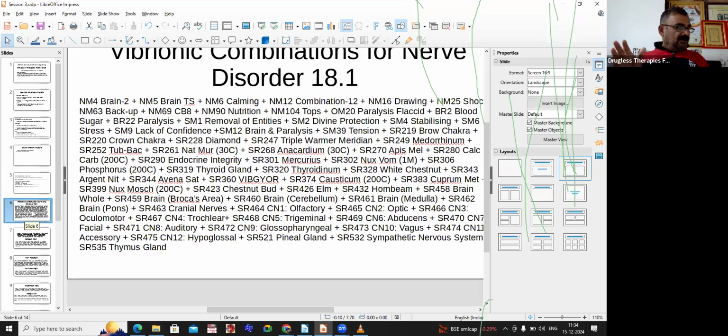We have our own system with Coffea cruda, Avena sativa, Lupulus, Ignatia, Kali phos, Passiflora, Scutellaria and Valeriana. These are some of the homeopathic remedies they have added. But for all this preparing, we don't need to go anywhere, to a pharmacy.